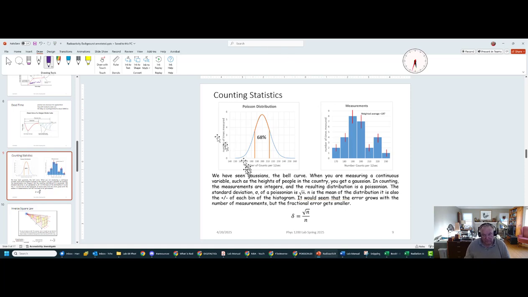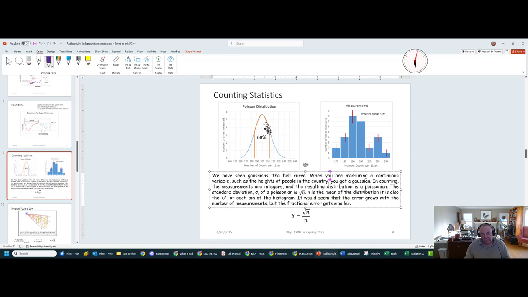It's related to a Gaussian, but it's for when you have integer things, you're counting things. So penny coin flips, gumballs on the sidewalk, and here radioactive decays. They're integers. There's no fractional counts. It's not like when you measure a tabletop over and over again with a ruler, where it can have a continuous set of values.